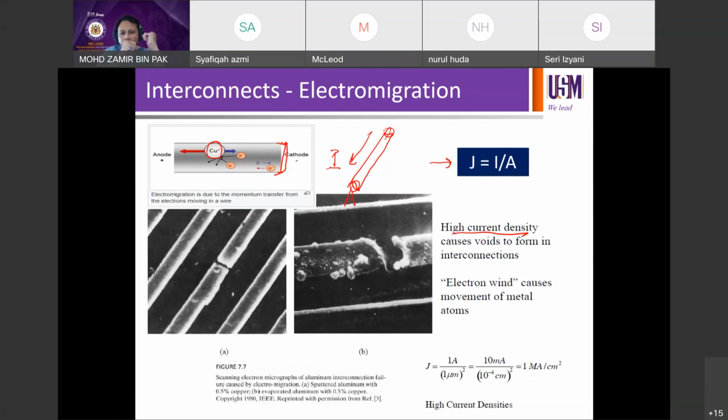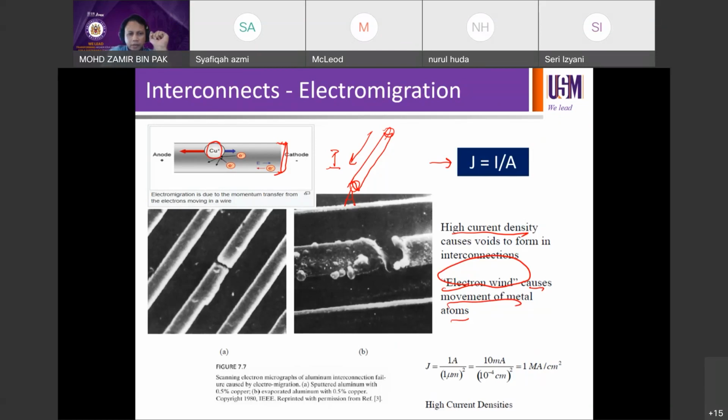Okay, so this causes electron wind. We call it electron wind, like a wind of electrons, due to the gradual movement of the ions and electrons, which causes movement of metal atoms. So this electron wind, due to the current carrying mechanism in the conductor, causes movement of metal atoms. There is momentum there.